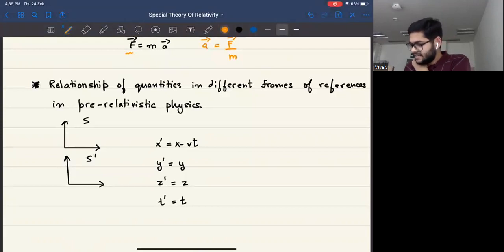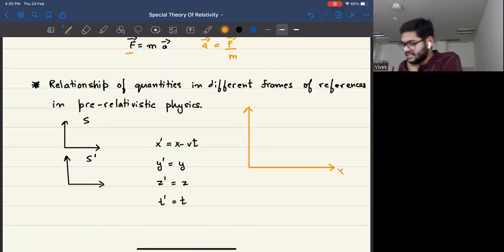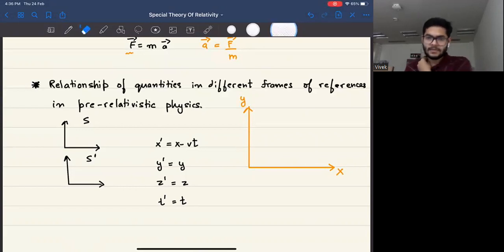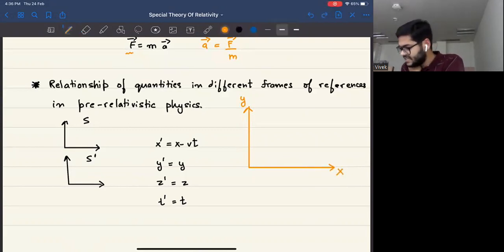Let us say that we are standing on the ground, and on the ground, I draw some Cartesian coordinates. I'll call this direction X, and I'll call this direction Y.